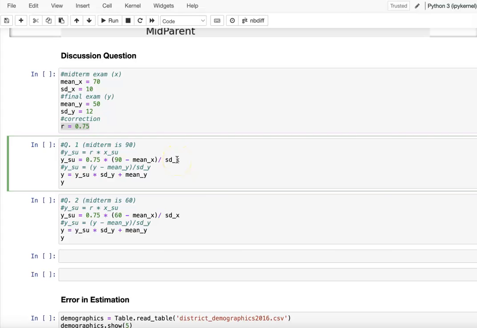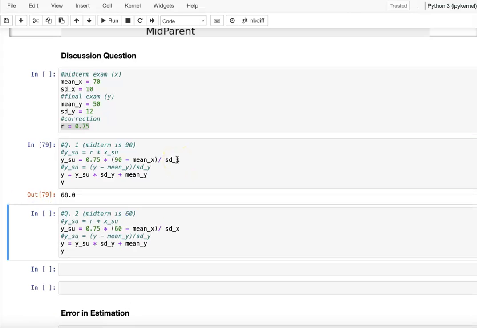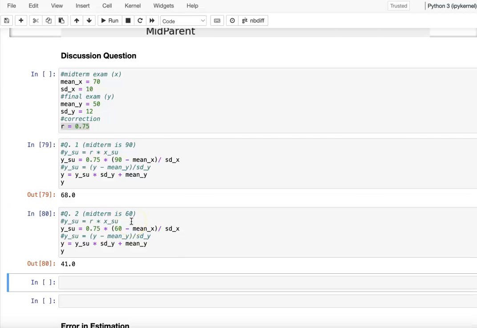So when the midterm exam is 90, the final exam will be 68. The same thing for the second question: midterm exam is 60, then our final exam is 41. Okay, so that's our first discussion question. Please make sure you work on that in your Jupyter notebook.